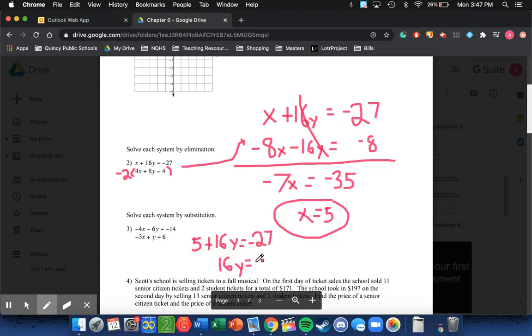And when I divide both sides by positive 16, I'll get negative 2. I'm going to encourage you guys not to write your answer like this, but instead to write your answer as a coordinate point. Meaning, can you write your answer like this?